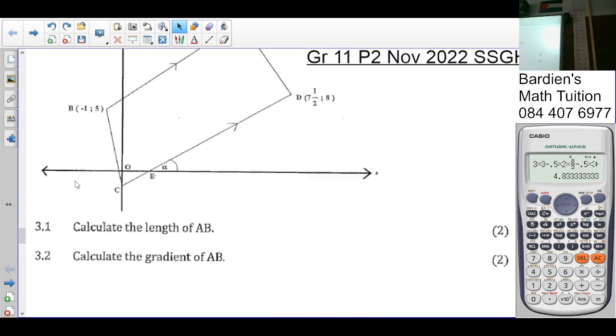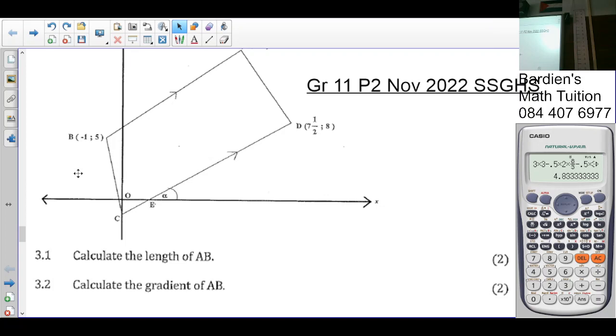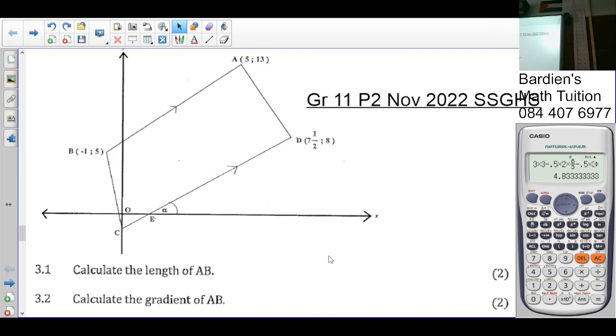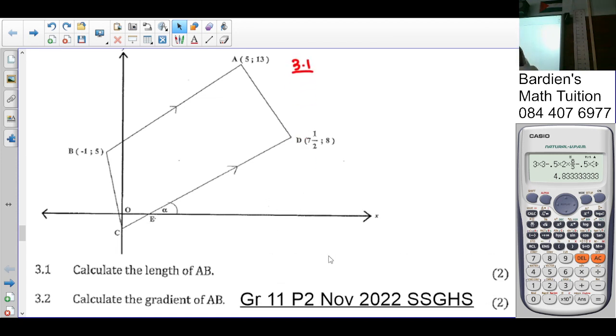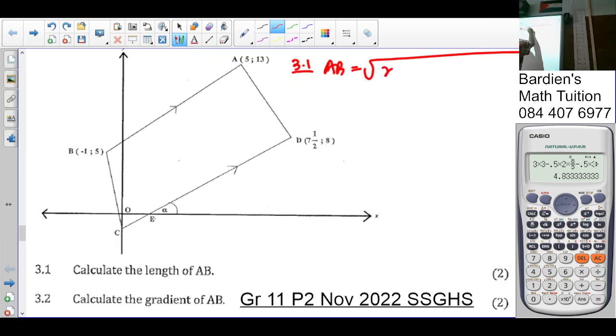Right, 3.1. So in 3.1 the question says, calculate the length of AB. So how do you calculate the length of AB? Distance formula. Pull this down here. So AB is equal to the square root of x2 minus x1 squared plus y2 minus y1 squared.